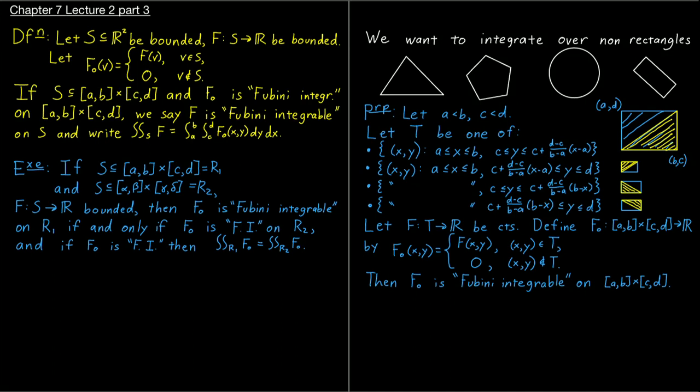That is, if S is some bounded region, and you put S inside this rectangle, and you also put S inside this other rectangle, and you integrate f naught, well, all the extra stuff you're integrating over this first rectangle, you're integrating 0 because f naught is 0 outside of S. And all the bits that are only in this other rectangle, f naught is 0 out there.